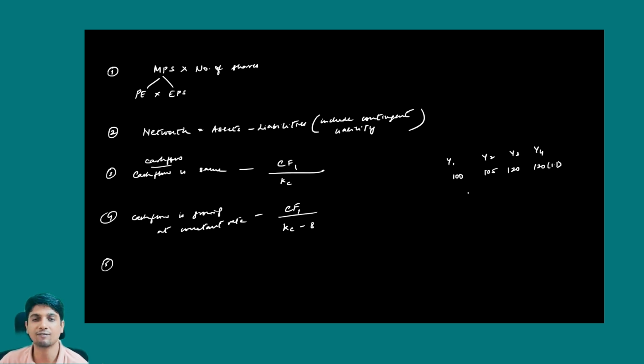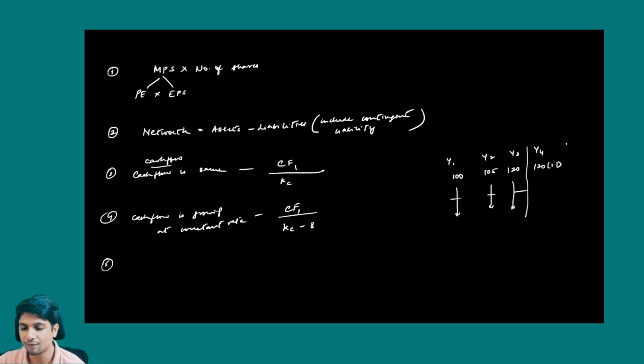So how do you find the value? Okay, so what you do with respect to year 1, year 2 and year 3, just find the present value of these cash flows. Okay, after y4 you see a pattern, right?